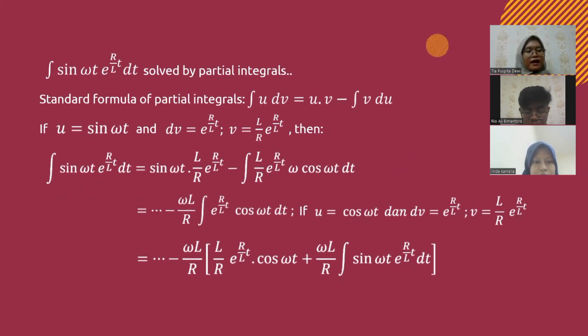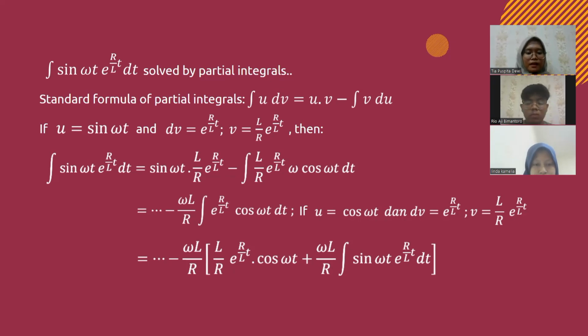The integral of sin omega t e to the power R over L t dt is solved by integration by parts. The standard formula of integration by parts is the integral of u dv equals u times v minus the integral of v du. If u equals sin omega t and dv equals e to the power R over L t, then v is L over R times e to the power R over L t.